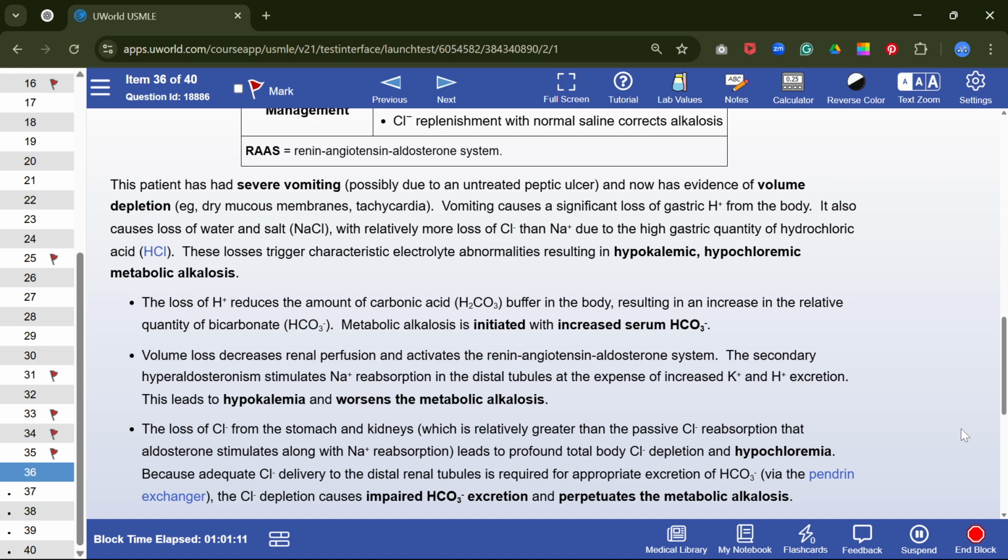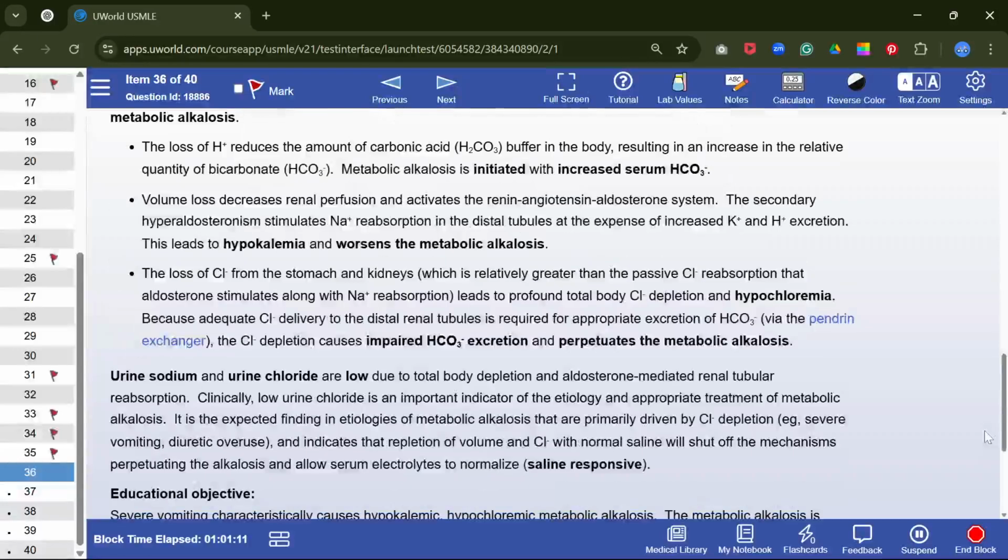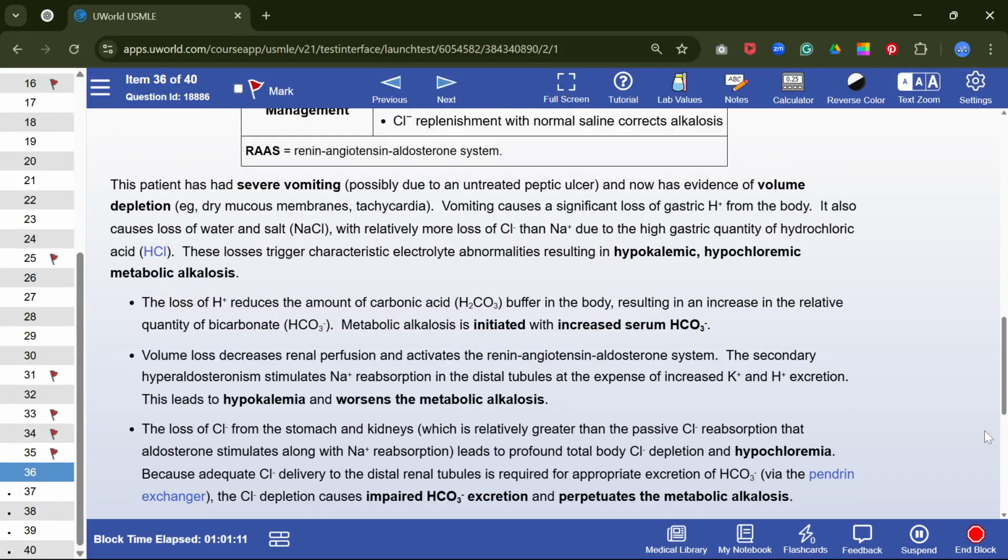Volume loss decreases renal perfusion and activates the RAS. The secondary hyperaldosteronism stimulates sodium reabsorption in the distal tubule at the expense of increased potassium and hydrogen excretion. This leads to hypokalemia and worsens metabolic alkalosis.